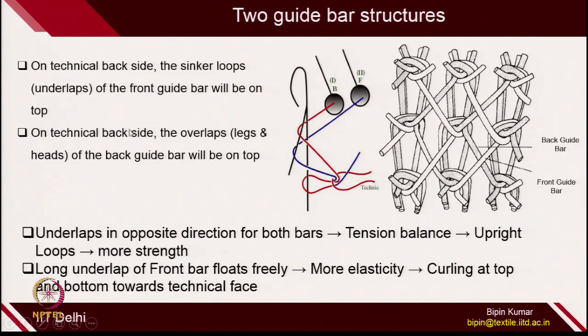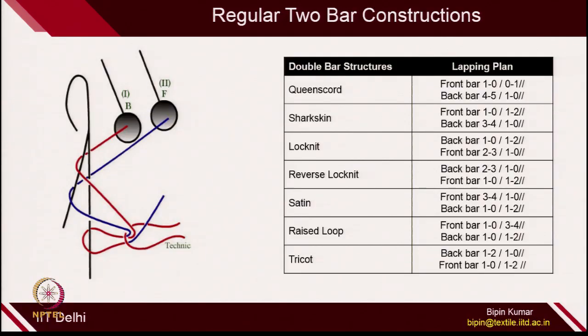We will see how the positioning and the magnitude of overlaps and underlaps, and also the threading with respect to the back and front guide bar of the warp beams, influence the fabric properties. We are going to see how these 7-8 generic warp knitted structures change their properties when we play with the overlap and underlap magnitude, directions and threading with respect to back and front bar.